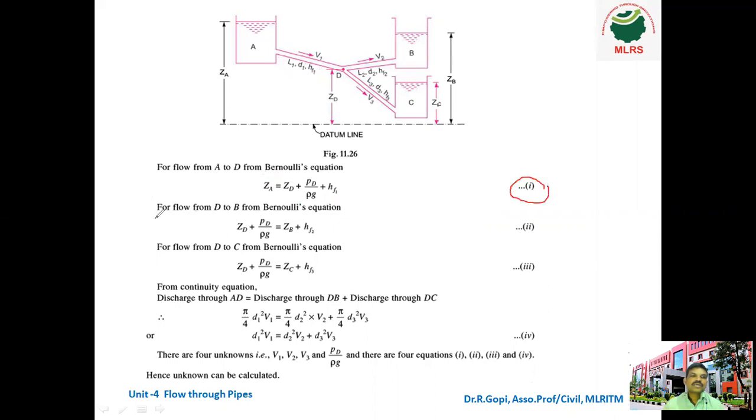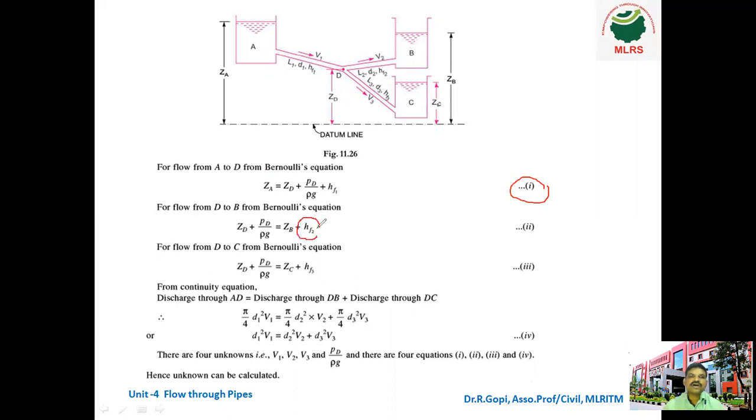Now the same thing for flow from D to B. Assume flow is taken from D to B. D point is a pipe. So ZD plus PD by rho g is equal to ZB plus HF2.